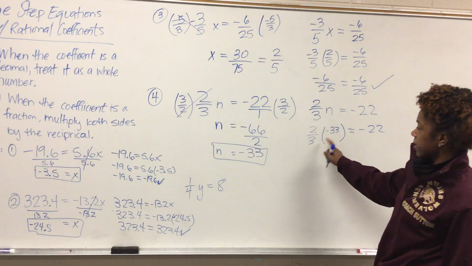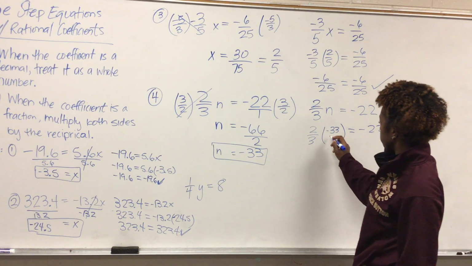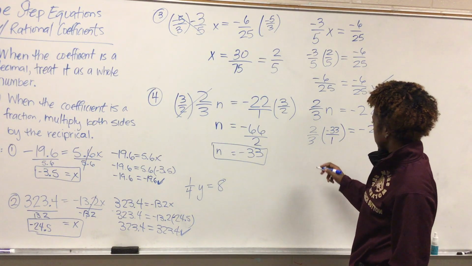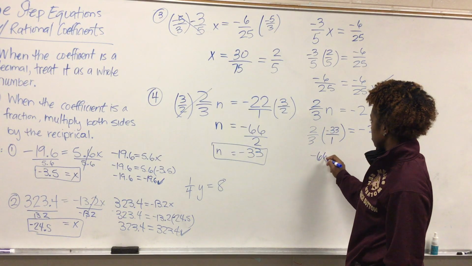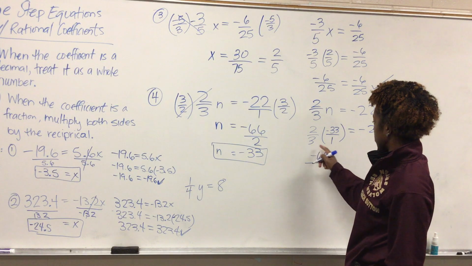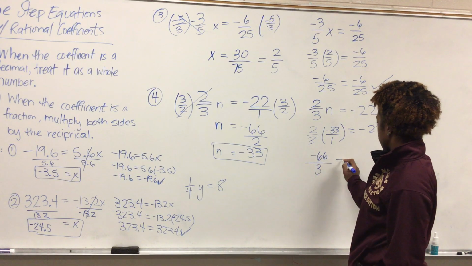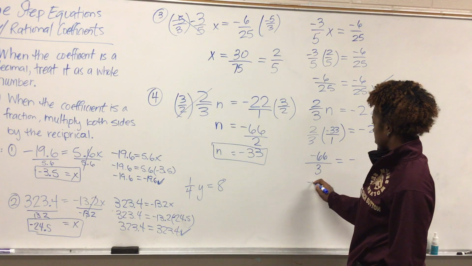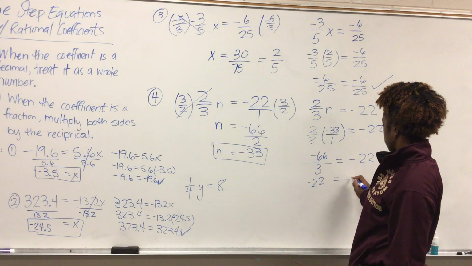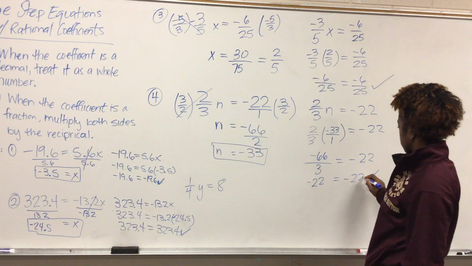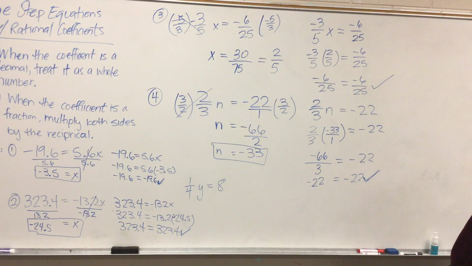When we're multiplying a fraction and a whole number, the whole number must be put over 1. So now we have 2 times negative 33, which is negative 66, divided by 3 times 1, which is 3, which is negative 22. It does make sense because negative 22 equals negative 22.